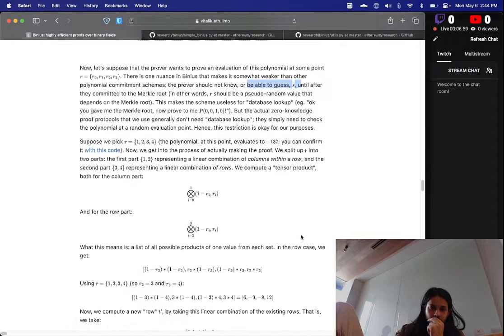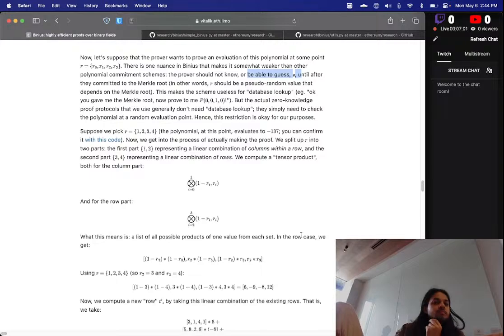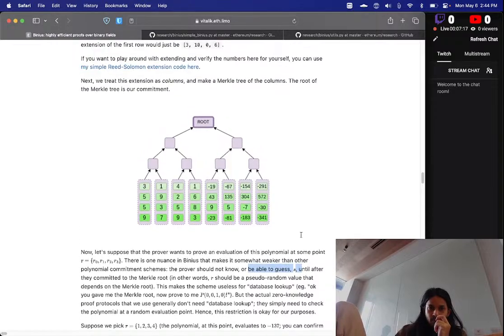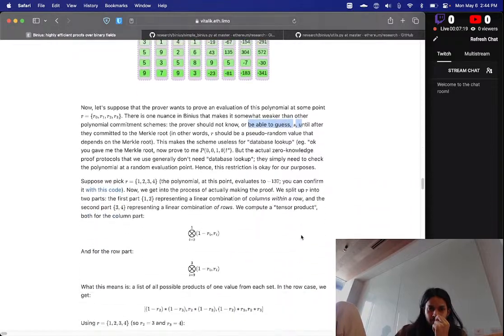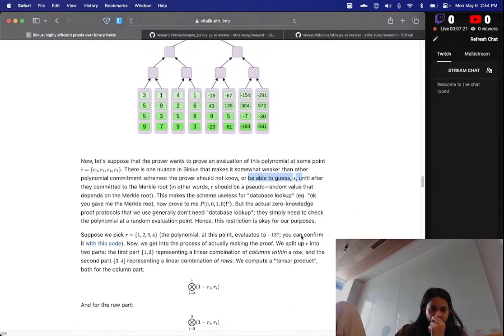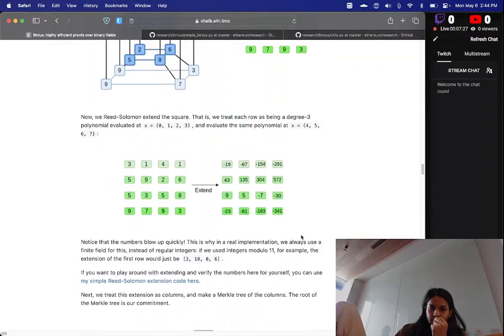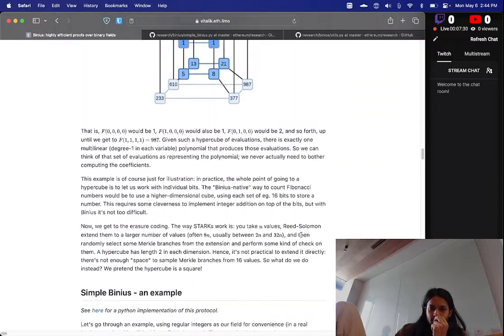Yeah, I think that's correct. I'm wondering if the S is referring to the secret in the polynomial commitment scheme.